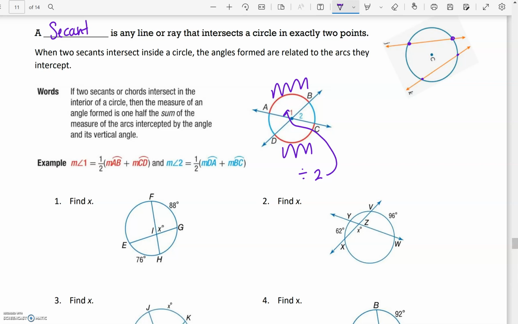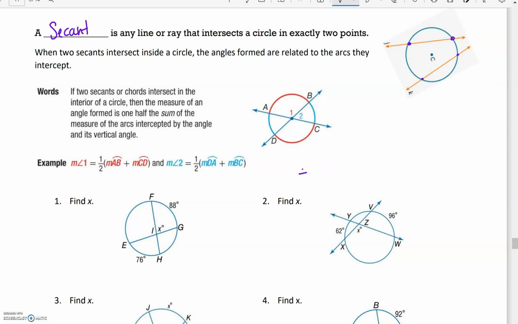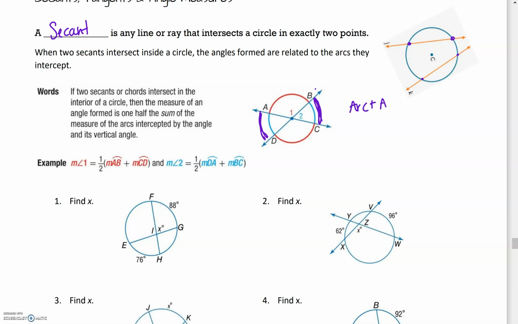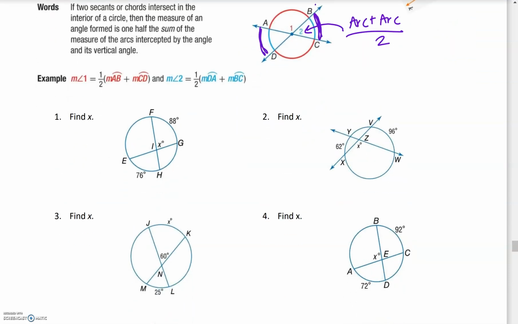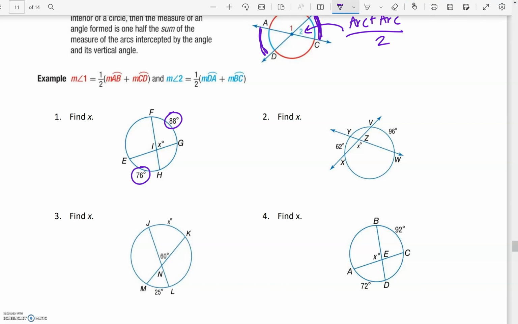And if I went the other direction, added this blue arc plus this blue arc and divided that sum by 2, I get the angle right there, number 2. So to find angle X, I would add 88 and 76 and divide by 2, kind of like finding the average, and I'm going to get angle X, which in this case is 82 degrees.